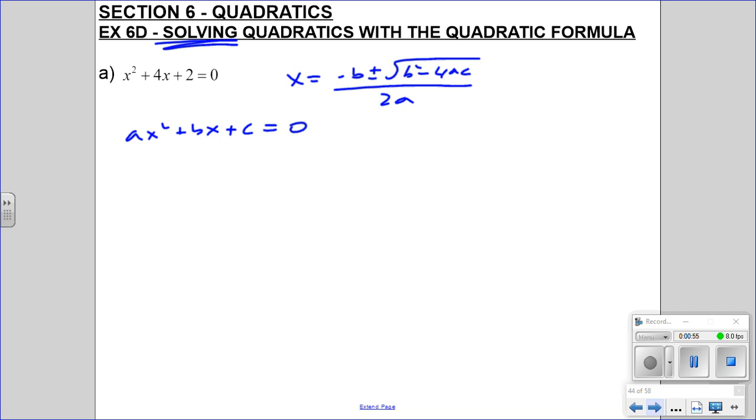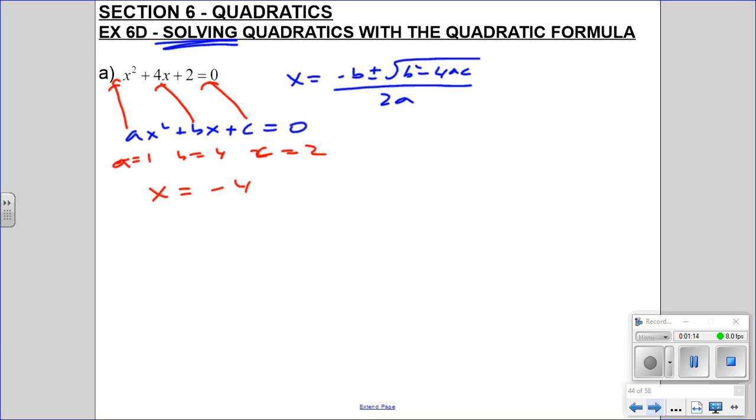So, nice and easy, we go x equals minus b plus or minus this. So what is our b in this sense? So here a must be 1, here b must be plus 4, and here c must be 2. Okay, so we just literally plug that in.